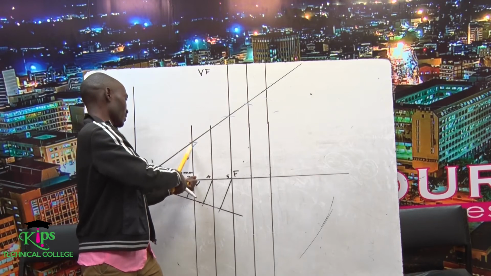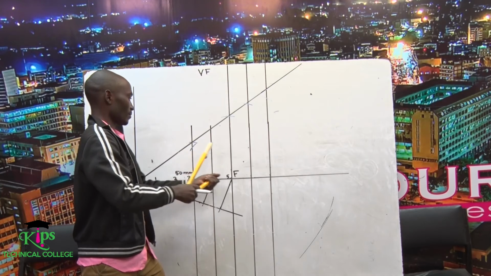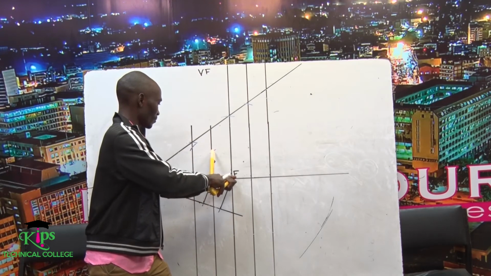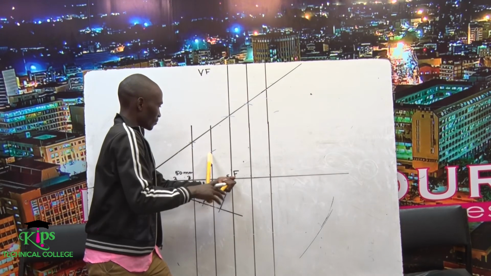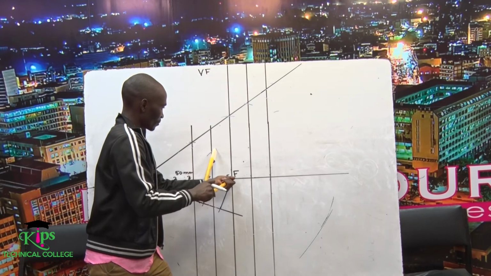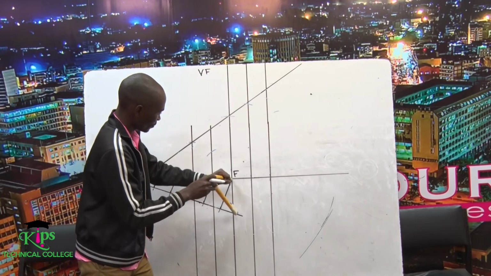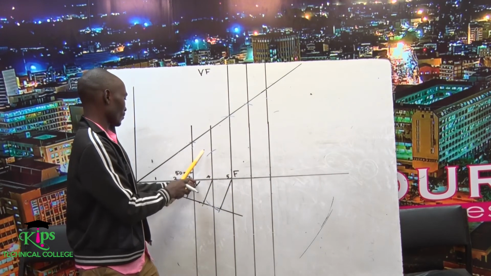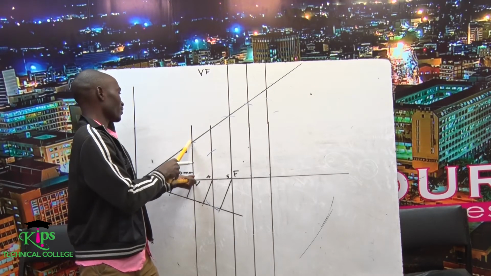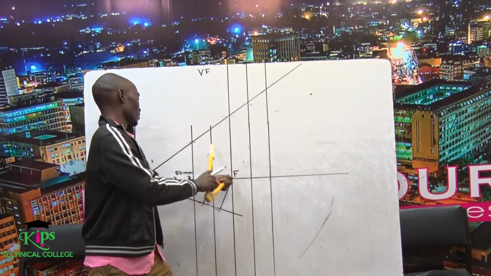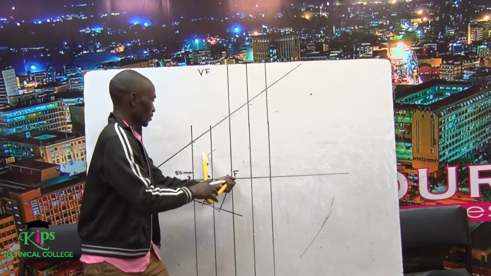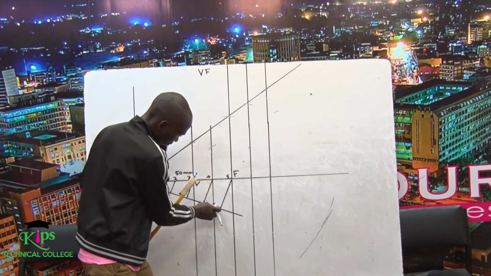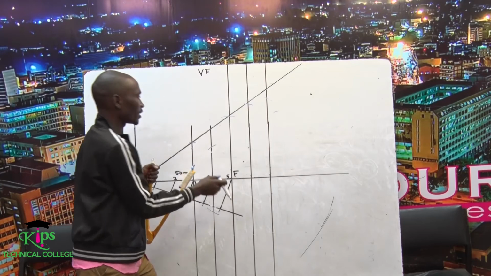So again, go back. Measure from here, take there. They should coincide up and down.